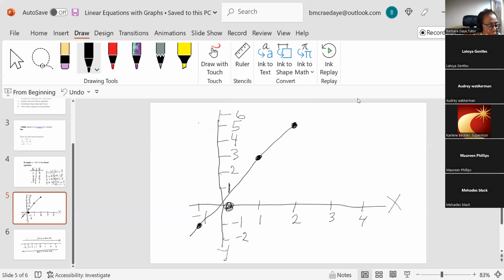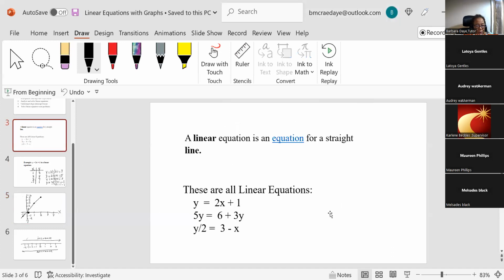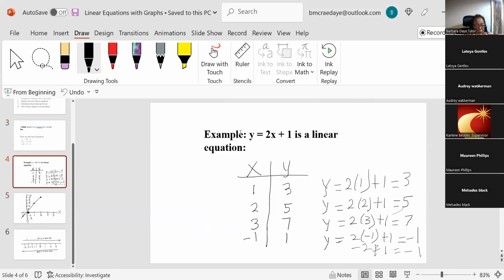Questions? No, Miss. Okay, so we're going to stop here. I just want to give you an introduction to linear equations and the different ways we can look at them as equations, as tables, as graphs. And if we go back up here where we had it, Y equals 2x plus 1.